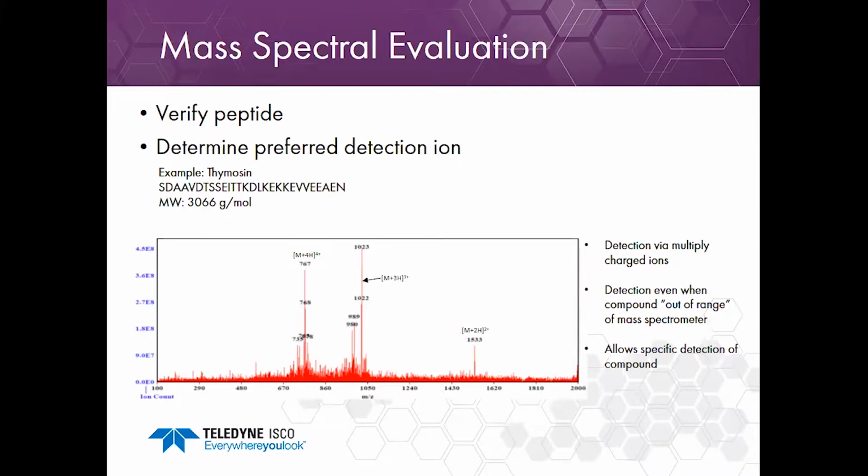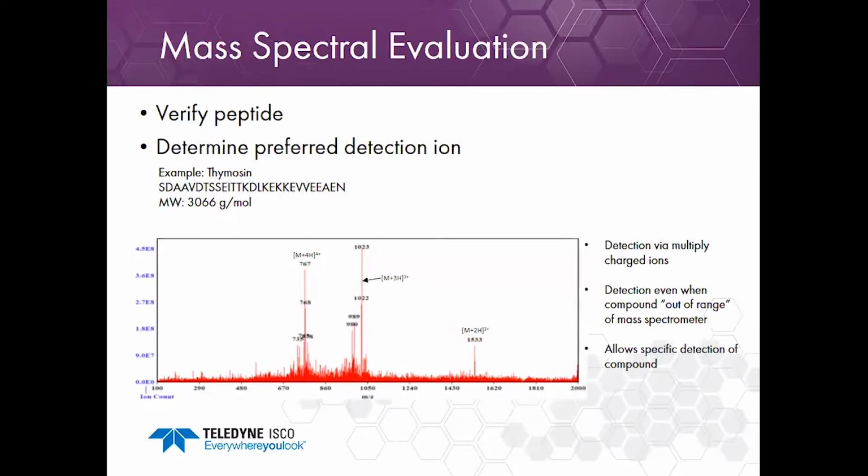An example here is thymosin. Its molecular weight is 3,066 grams per mole. Our mass spectrometer only goes up to about 2,000 Daltons, but the thymosin has a mass of 3,066, and I can detect it by using multiply charged species here.